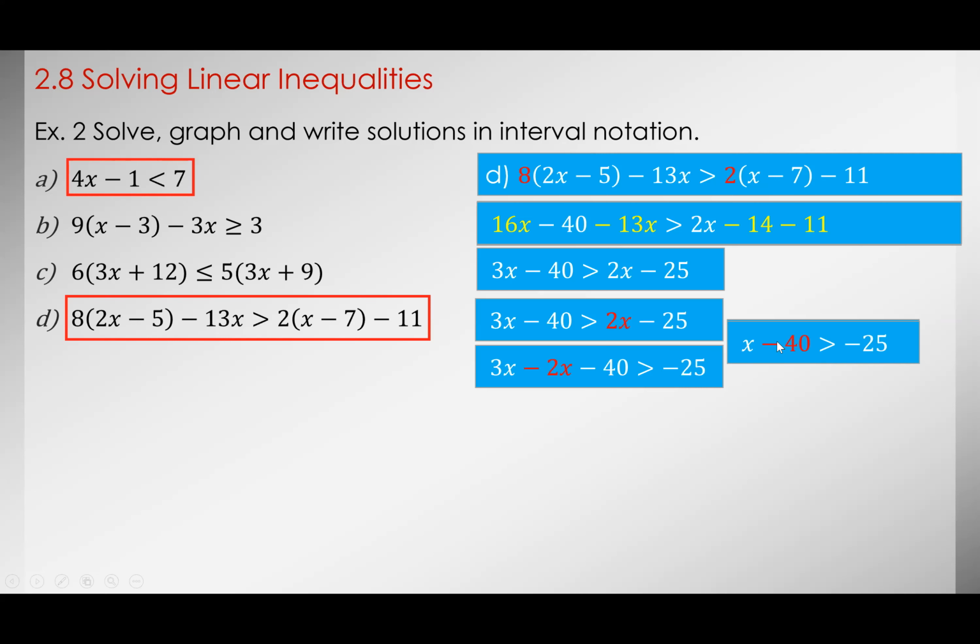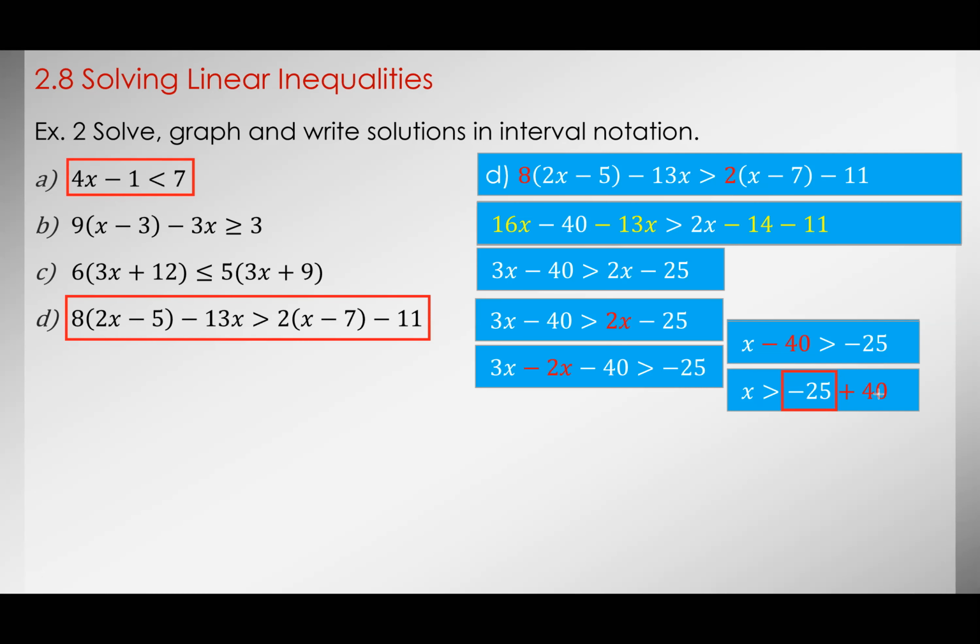Hopefully you see that, from here, we need to get rid of the 40. To get rid of the 40, I need to add, because on this side it is subtract. Even though I say we add, hopefully you recognize that we have opposite signs: a negative 25 and a positive 40.